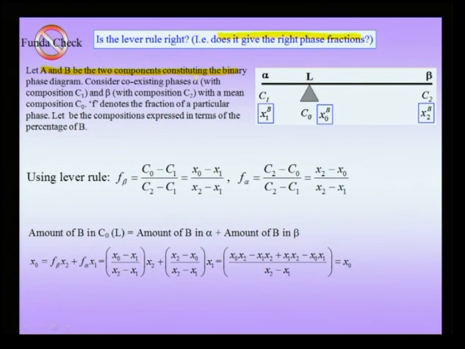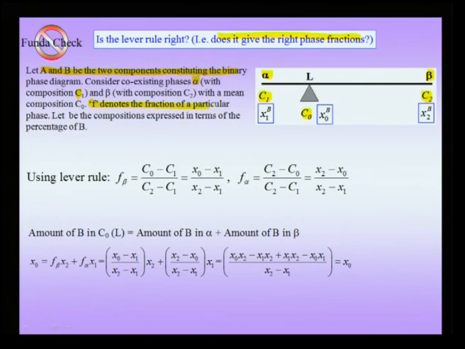Let us consider a phase alpha with composition C1, coexisting with a phase beta of composition C2. Now, the initial starting composition is C0, which, say, was originally in a single phase liquid field, but later on split into the alpha and beta phases.